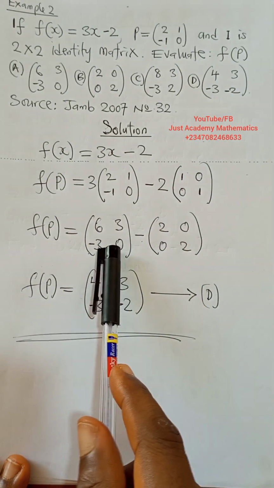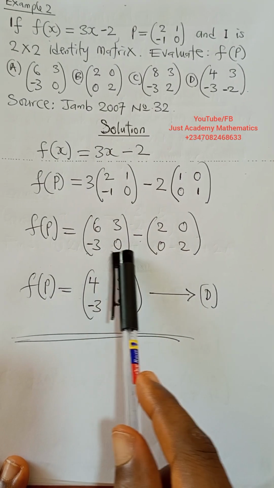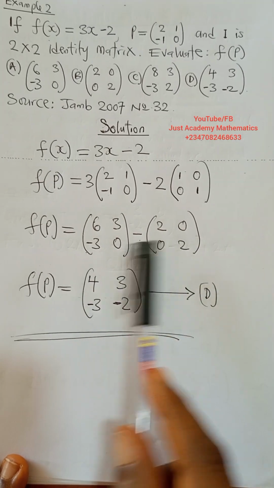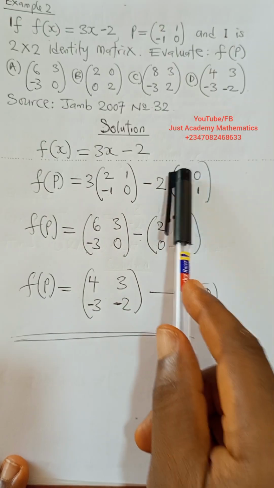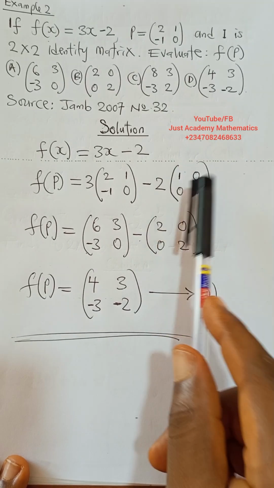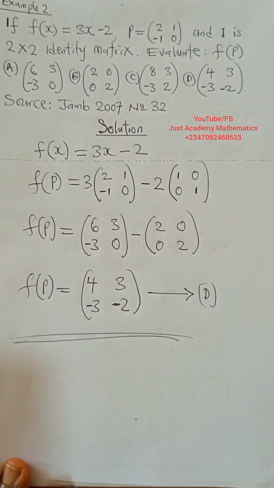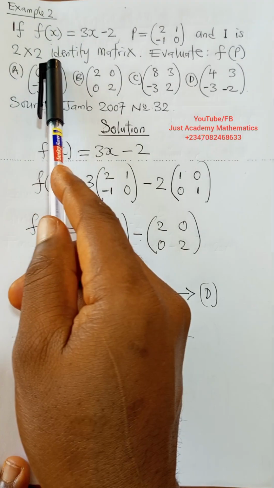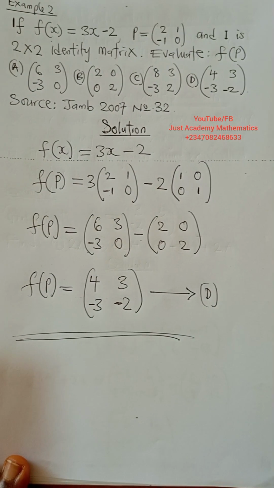Because imagine you have this 6, 3, minus 3, 0 here and you want to minus 2. It's not possible. But we can minus this 2. So this 1, 0, 0, 1 is the 1 of the 2 by 2 identity. That is why we call it I, a 2 by 2 identity matrix.